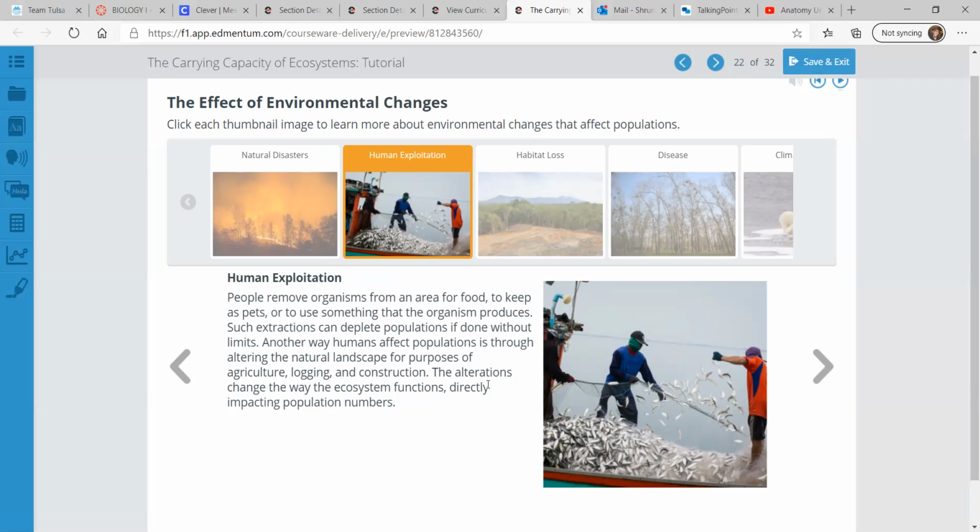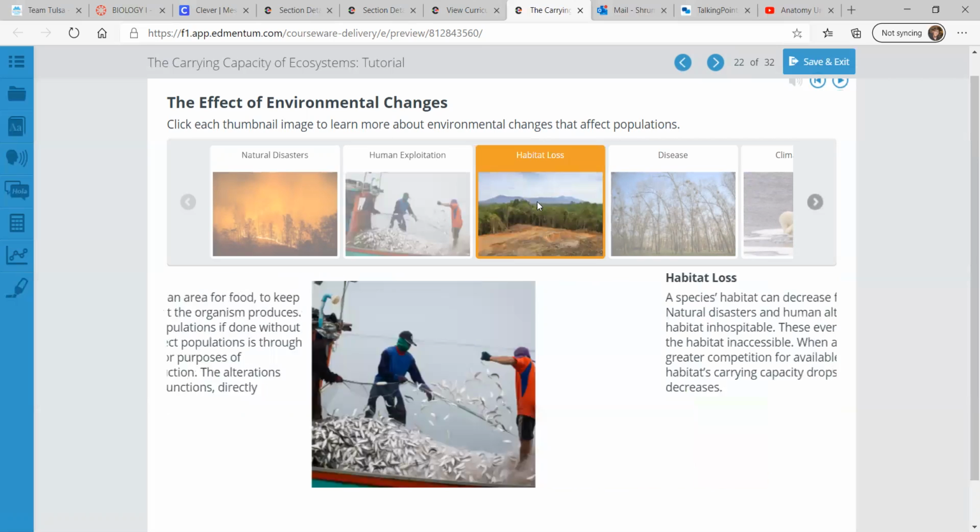Another way humans affect populations is through altering the natural landscape for purposes of agriculture, logging, and construction. And this changes the way the ecosystem can function, and that may negatively affect some populations.